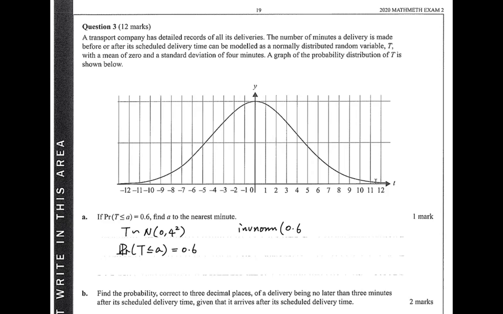Area left tail 0.6 and 0, 4, mean and standard deviation. So this will be giving you the value of a. A is 1.013388. Correct to the nearest minute, I would say a is approximately 1 minute.